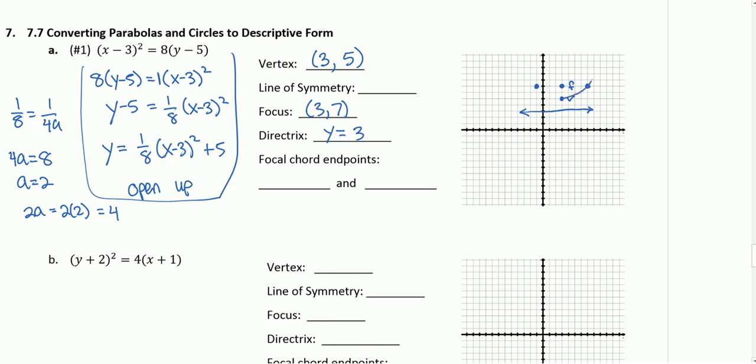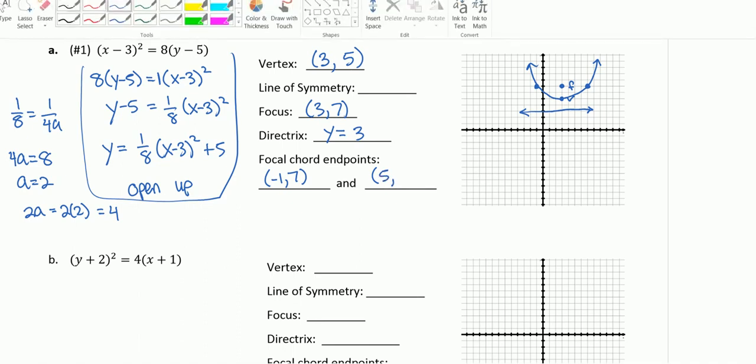My parabola goes through the vertex and through these focal chord endpoints. The one on the left is going to be located at -1, 7. The one on the right is going to be located at 7, 7.